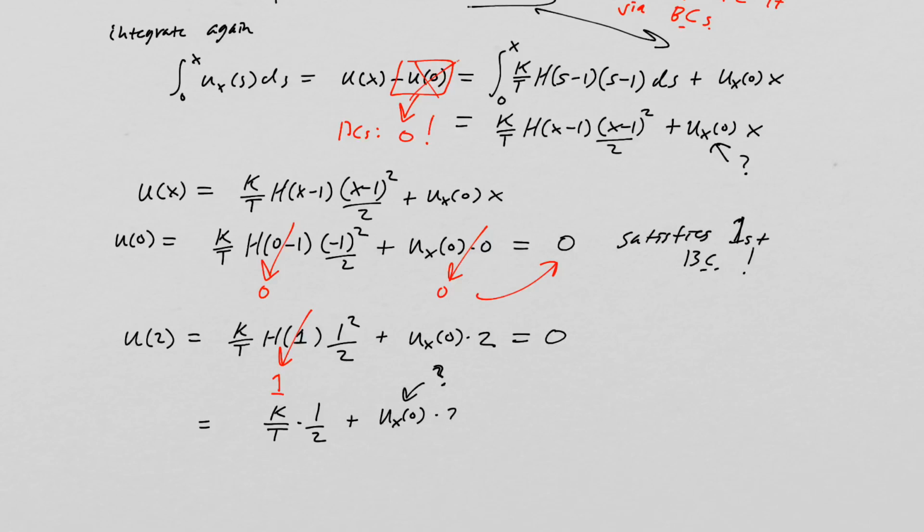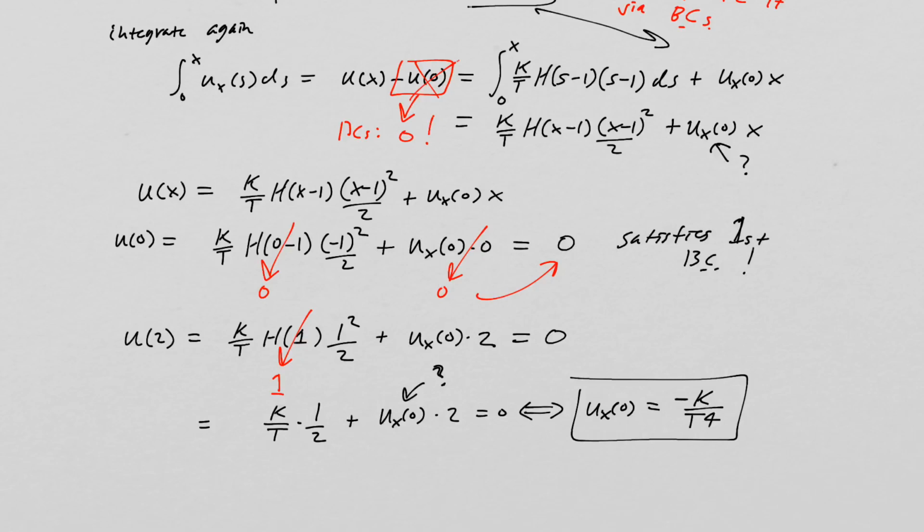We don't know what that is. Times 2 is equal to 0. Of course, we can move these things around and find that ux at 0, this number, is going to be equal to k over t times 4. Oh, sorry, it has to be minus there. Cool. All right, so we have that piece of the puzzle.